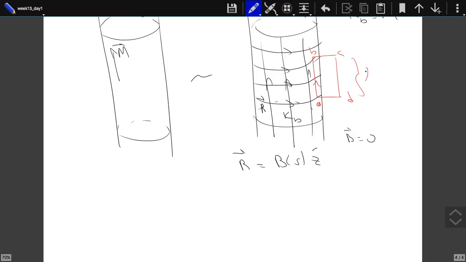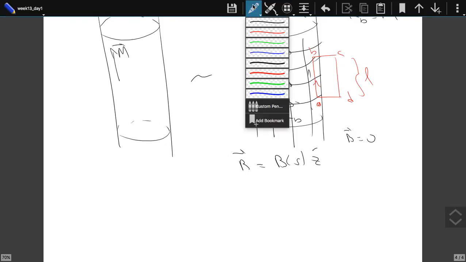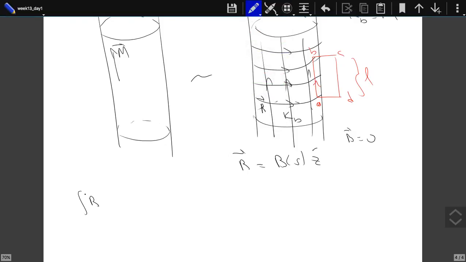Let's say this length is L. The integral of B dot dl around this loop should be equal to mu0 times I enclosed.